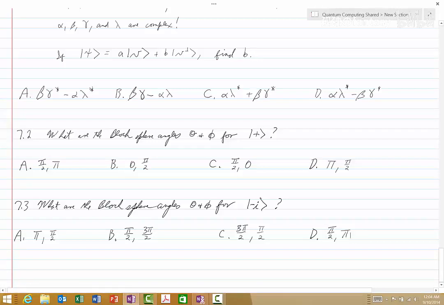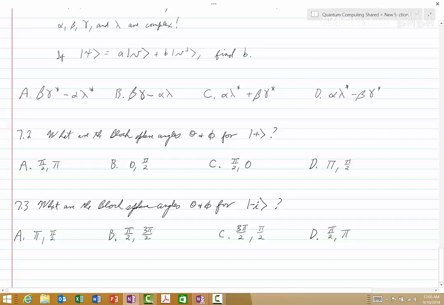In 7.2, I'm asking you for the Bloch sphere angles theta and phi for the plus ket, and you have the choices pi over 2, pi; 0, pi over 2; pi over 2, 0; and pi, pi over 2. In each pair, the understanding is that the first angle given represents theta, and the second angle given represents phi.